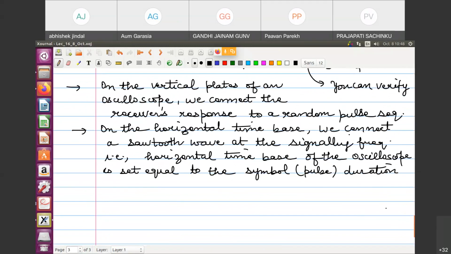Now, this is step 1, this is step 2. Superimpose, so this will do this.